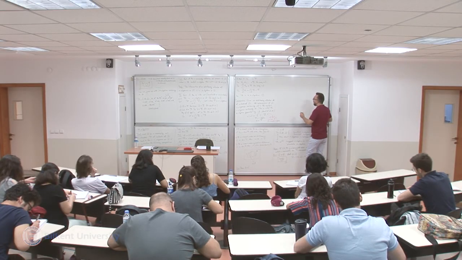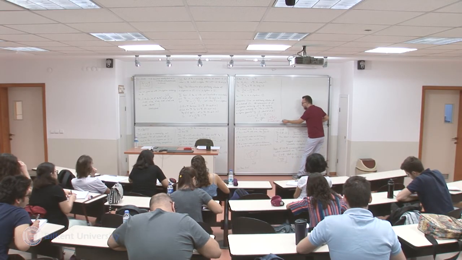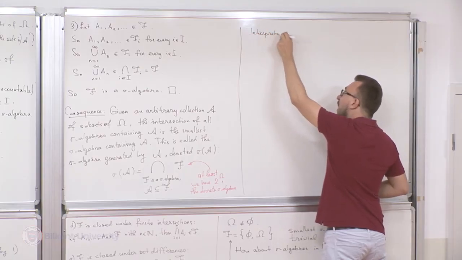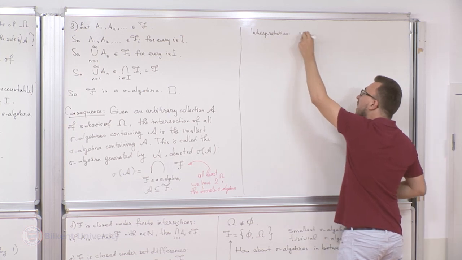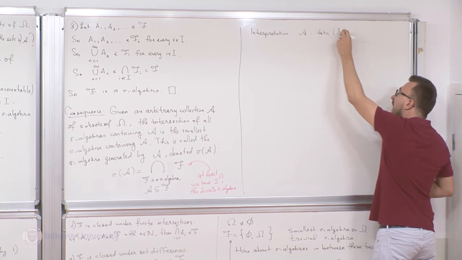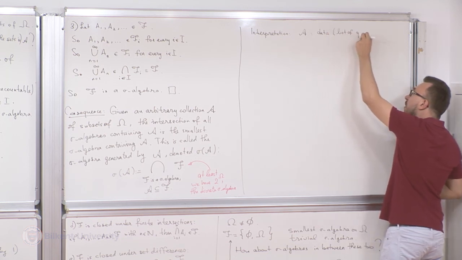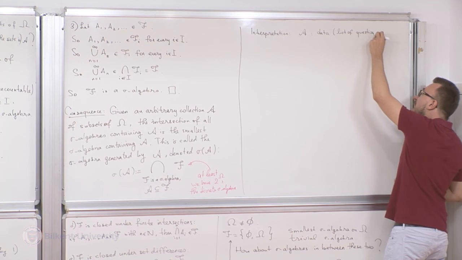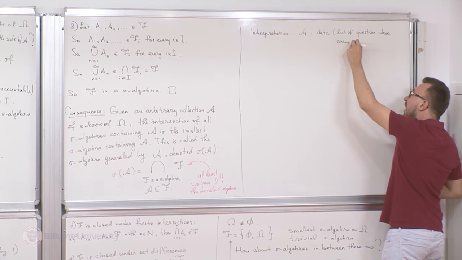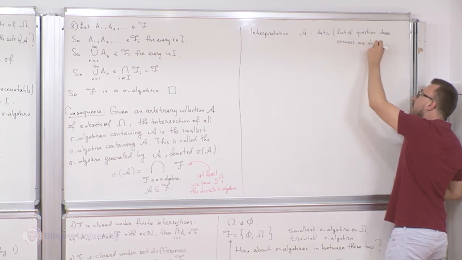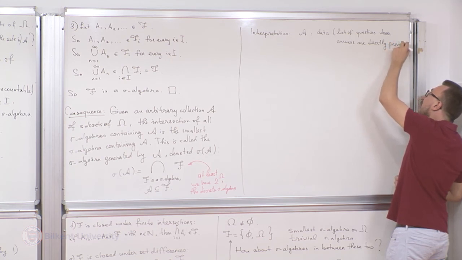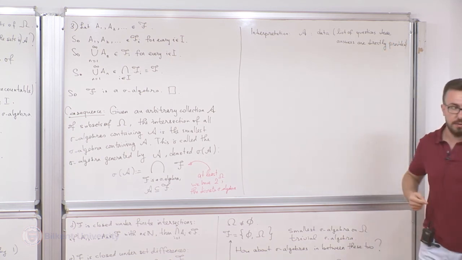And our interpretation for this is that A is data, a list of questions whose answers are directly provided after the experiment is performed, right?